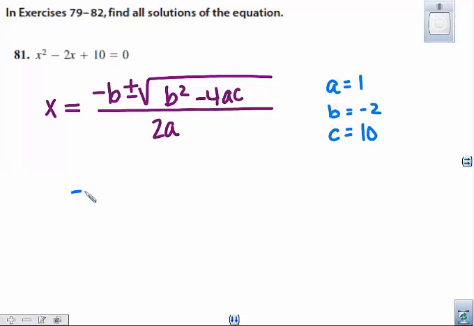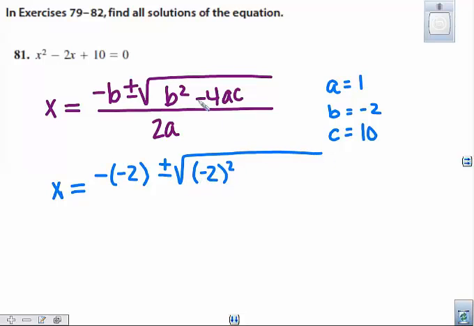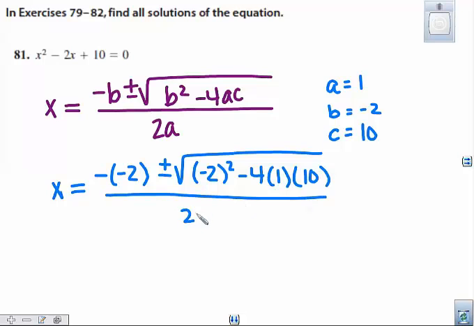So we plug those in. Negative b, so negative 2, negative 2 squared minus 4 times a times c, all over 2 times a. Again, we're going to break this down into steps. Don't let it overwhelm you. Okay, so first let's just simplify what's under the radical.